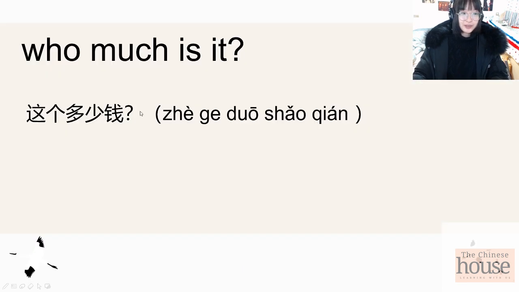So how much is it? We should say 这个多少钱? We just learned this character in the number lesson. We have 一个人, right? But why does this 个 become 这个 but not 个? Because there's another pronunciation rule that is so complex, we have to discuss it in other courses. 这个 means this. 个 means some individual. 多少, 多 means a lot. 少 means a few.